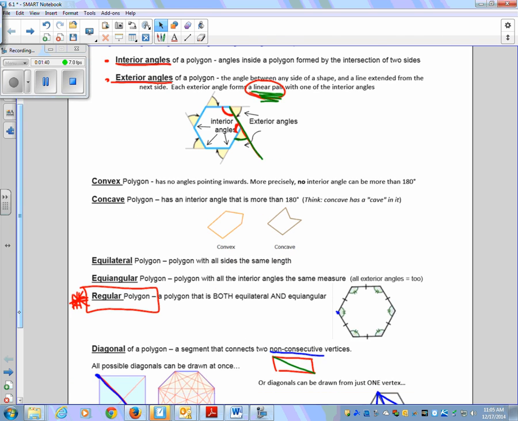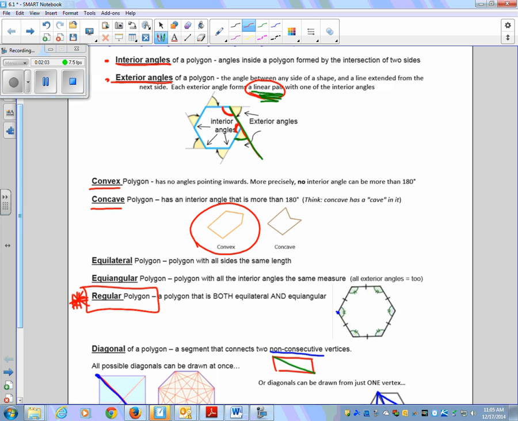There's 2 types of polygons, convex and concave. We are only really going to be dealing with convex polygons. So convex polygons are polygons that you're used to, the ones that you've seen, the normal ones. Okay, a concave polygon basically looks like somebody punched it in. It has a dent in it.